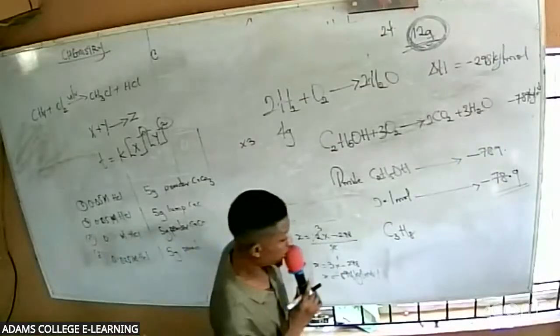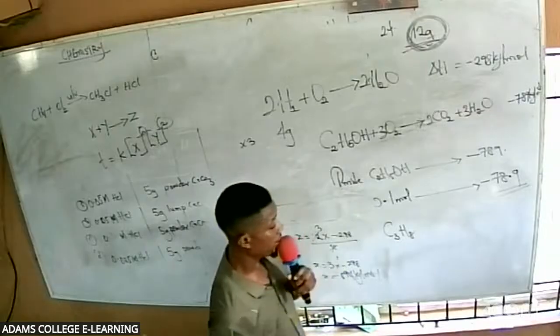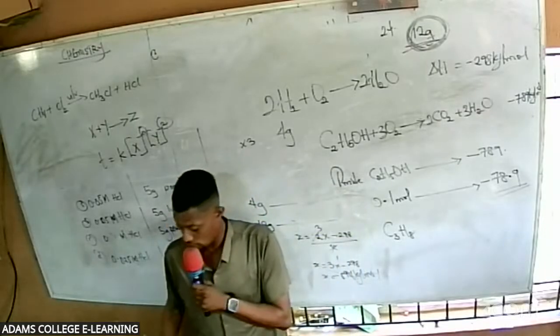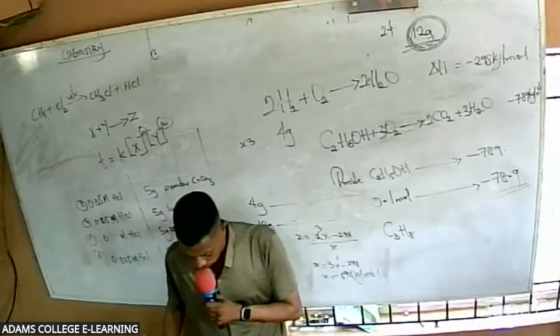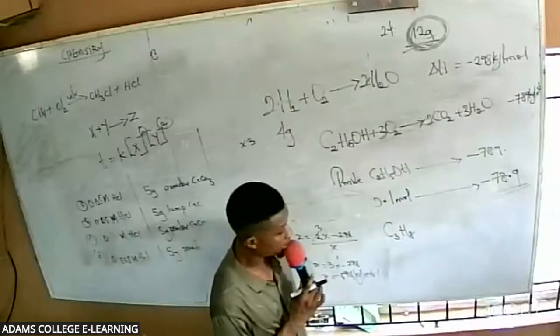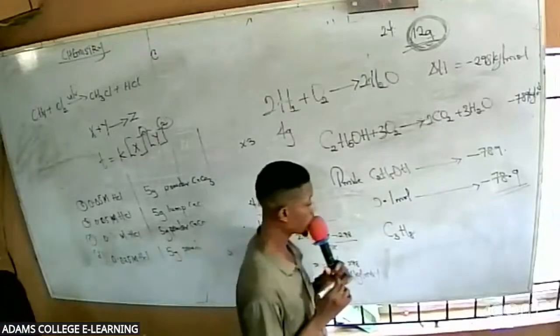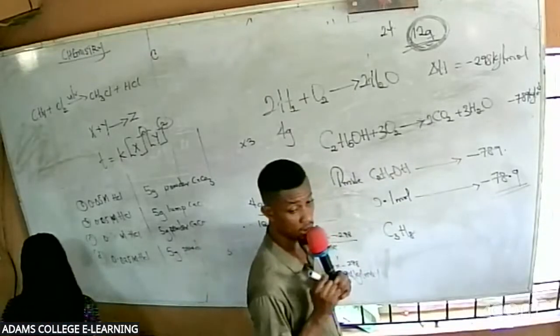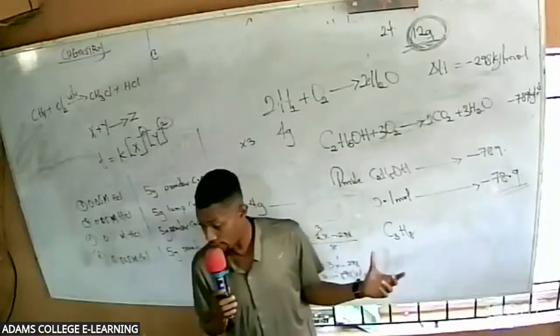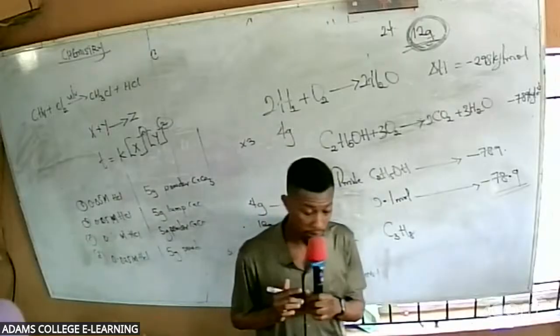In the combustion of propane, we have minus 1,130 kilojoules. In the combustion of propane, minus 1,130 kilojoules is liberated.